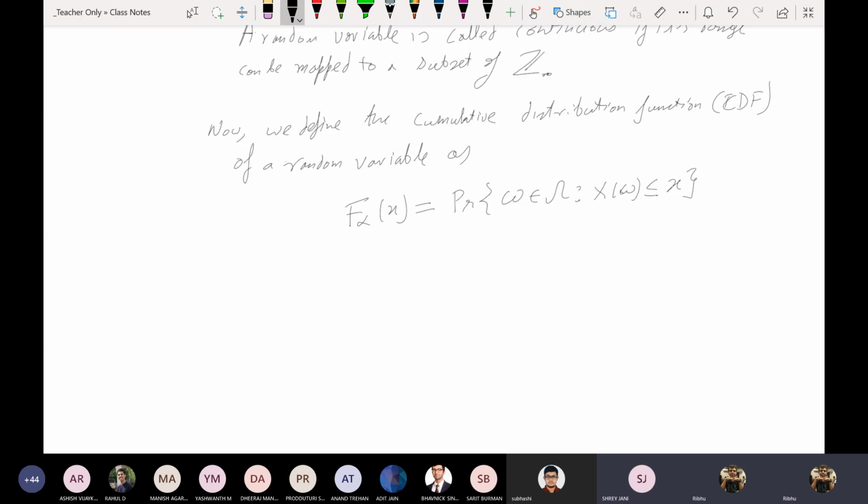This is small x, this is capital X. Okay, so I'll just make the capital X a little more capital X like. So, Bhavnik, this is the point where that ordering comes into play.